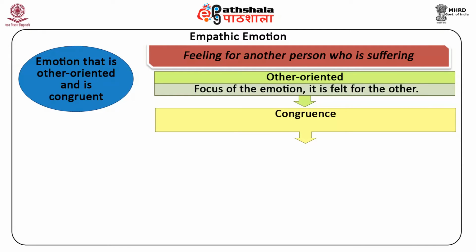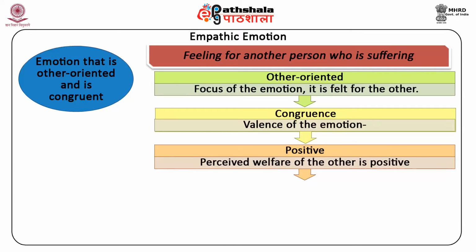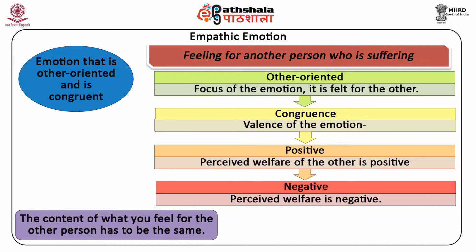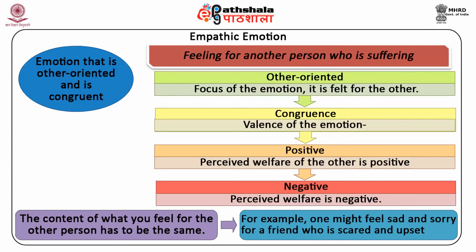Congruence refers to the valence of the emotion: positive when the perceived welfare of the other is positive, and negative when the perceived welfare is negative. However, congruence of emotion doesn't imply that the content of what you feel for the other person has to be the same. For example, one might feel sad and sorry for a friend who is scared and upset.